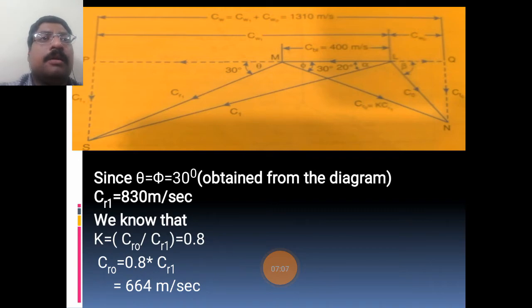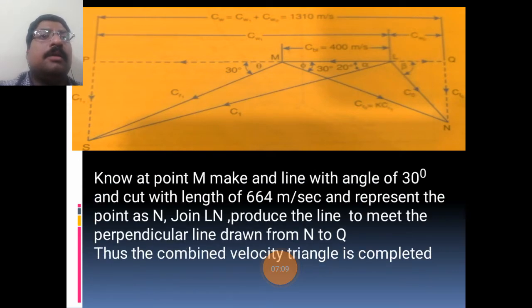Okay. Now at point M, make an angle of 30 degrees, since theta is equal to phi.